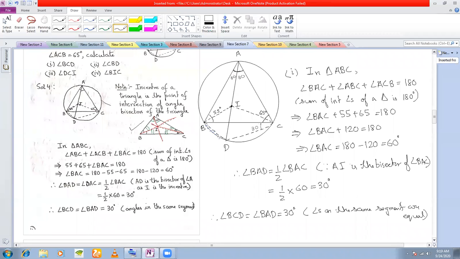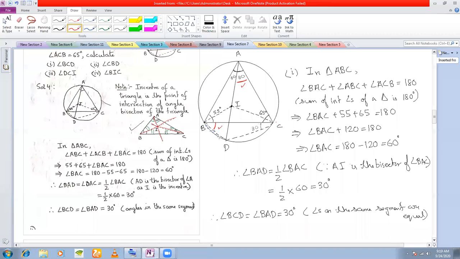Now let us see the second question. Angle CBD. So we are talking about this angle. So how to find out this angle? Again, if you see this angle and this angle here, they are angles on the same segment.